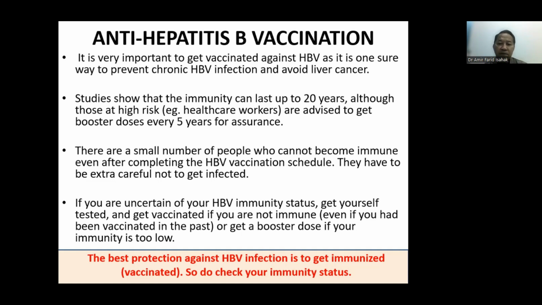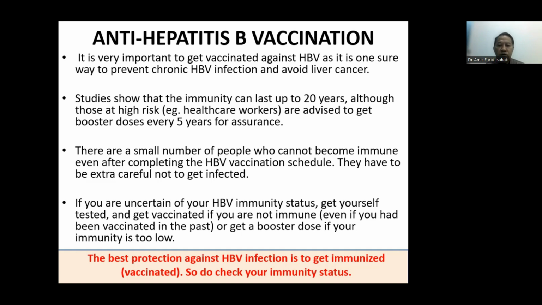There are a number of people who cannot become immune even after completing the HBV vaccination schedule. They have to be extra careful not to get infected. If you are uncertain of your HBV immunity status, get yourself tested and get vaccinated if you are not immune, even if you had been vaccinated in the past. Or get a booster dose if your immunity is too low.